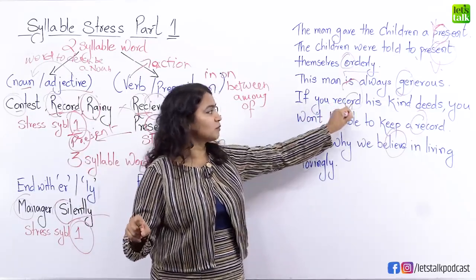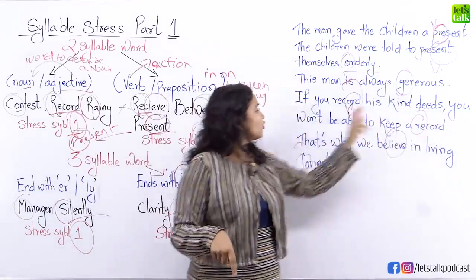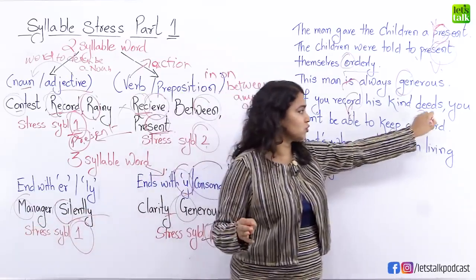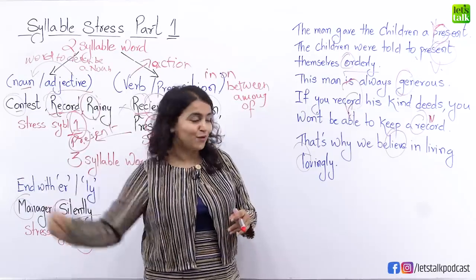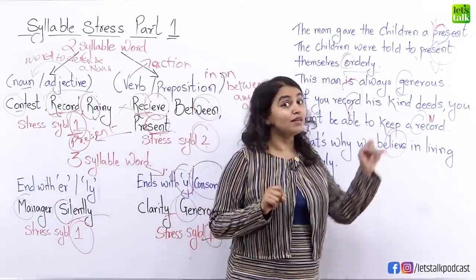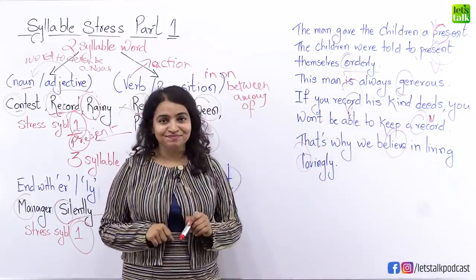So you're stressing syllable number 2. If you record his kind deeds, you won't be able to keep a record. Over here, record refers to a noun, and therefore you say record, record. That's why we believe, not we believe, but we believe in living lovingly.